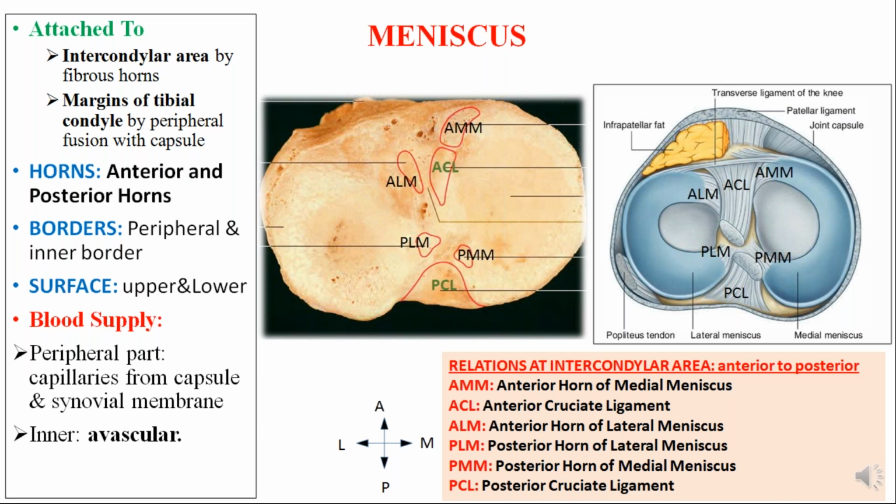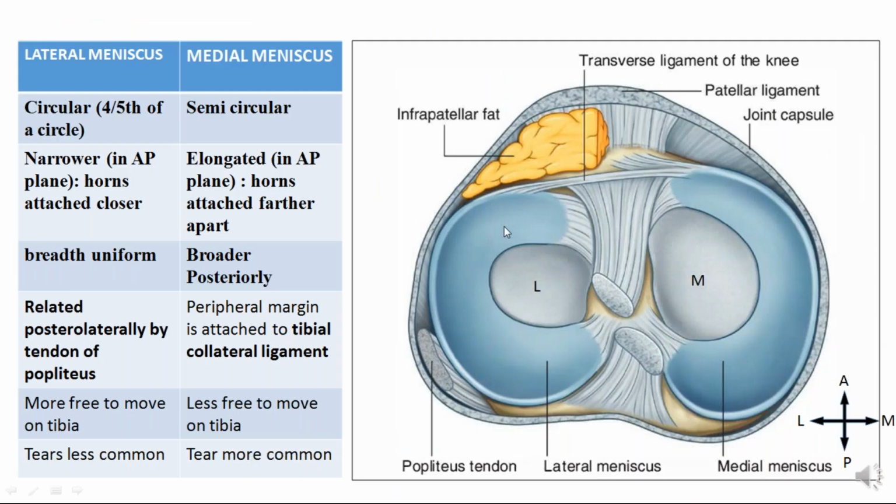The medial meniscus is semicircular in shape. The lateral one is more circular, similar to the rounded shape of the femoral condyles and the tibial condyles on the lateral side. The anteroposterior extent is also narrower on the lateral side. The breadth is uniform in the lateral meniscus, while the medial meniscus is broader posteriorly.